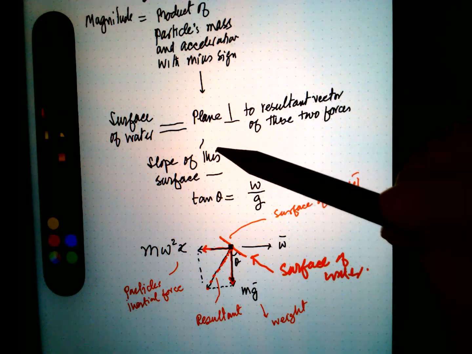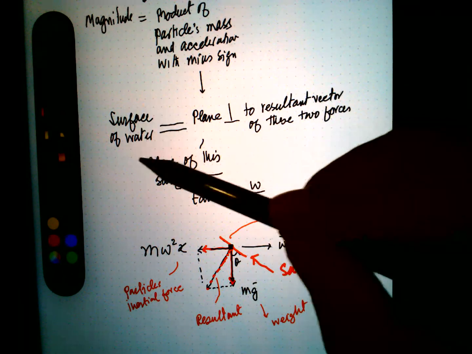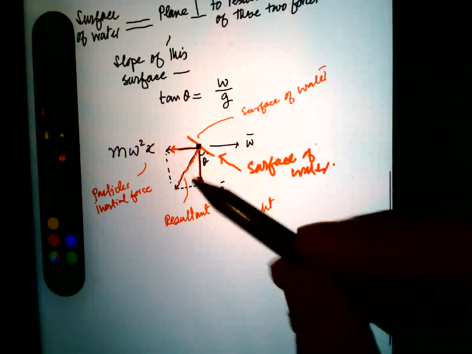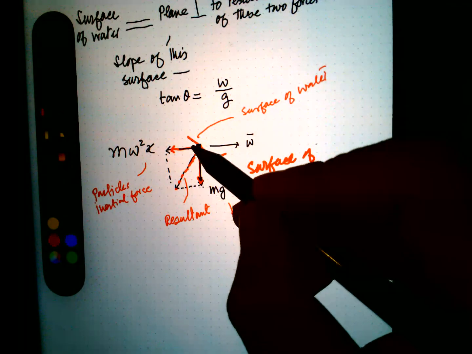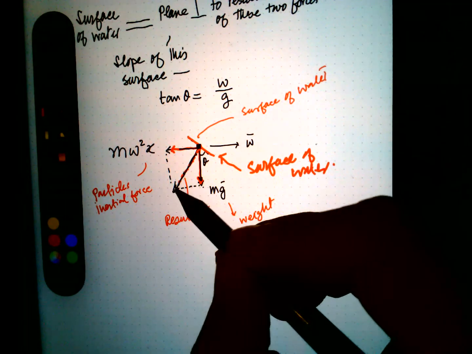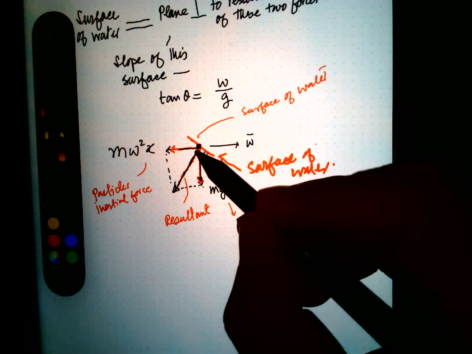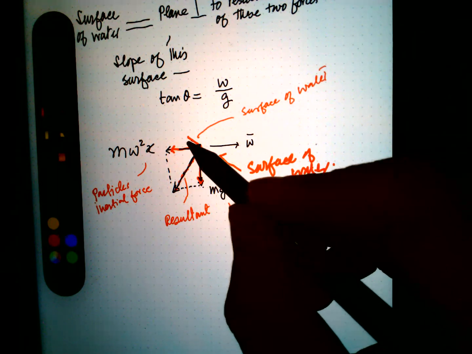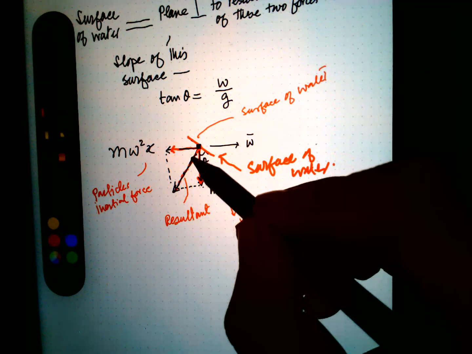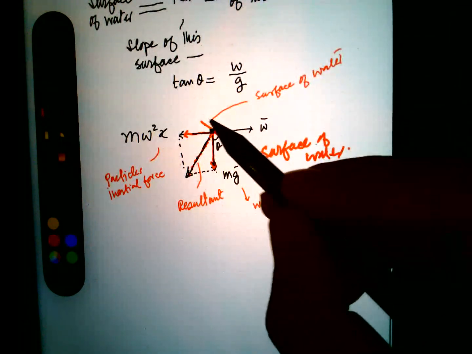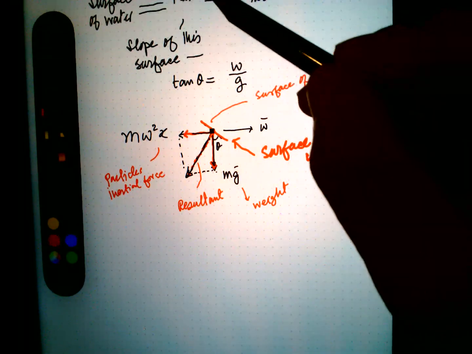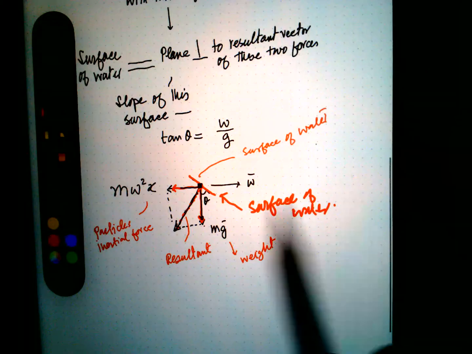So it will experience this on the surface of the water, which is a plane perpendicular to the resultant vector. This is gravity, this is the inertial force, and this is the resultant of these two forces. At the surface of the water, the plane is perpendicular to the resultant of the two forces.